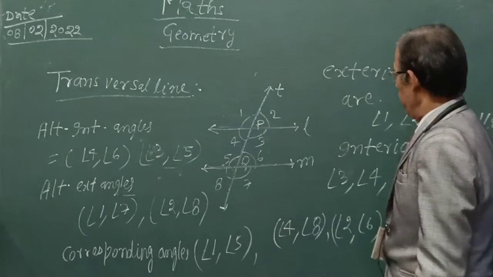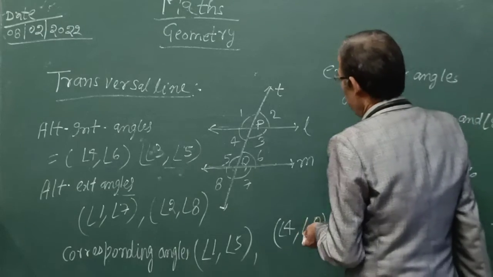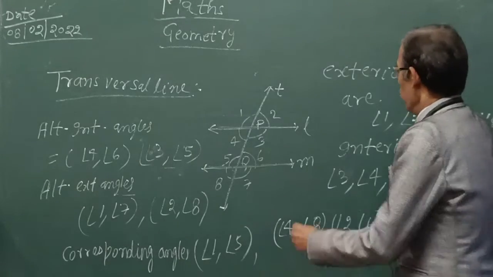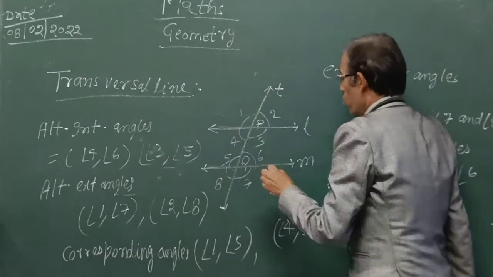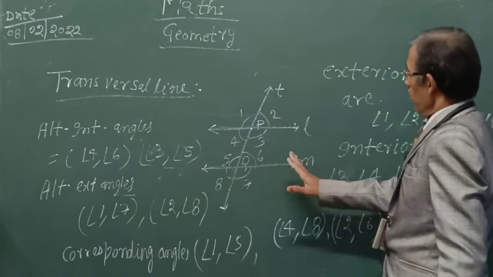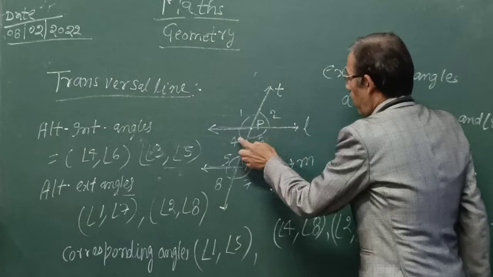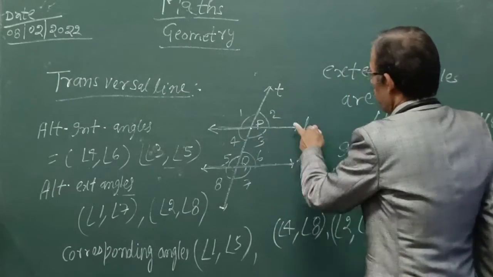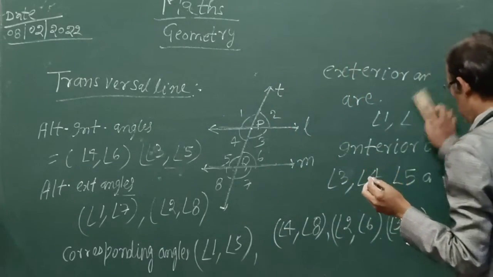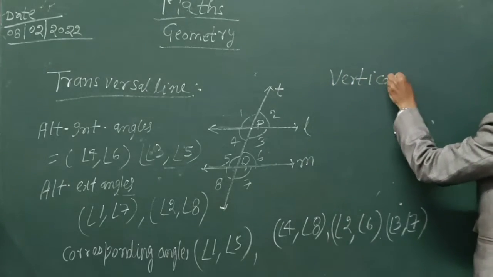Now, vertically opposite angles. I know that when two lines intersect each other at a point, four angles are formed, in which we have two pairs of vertically opposite angles.